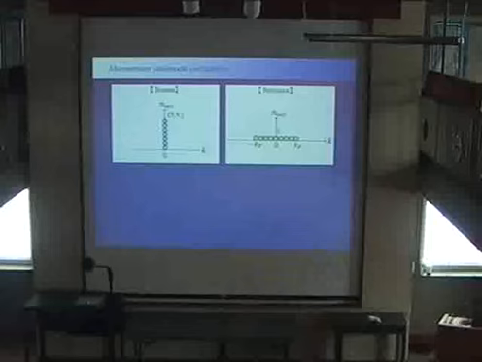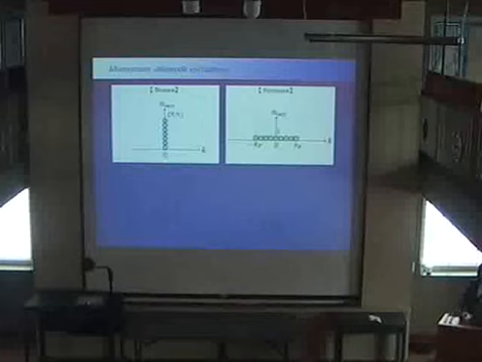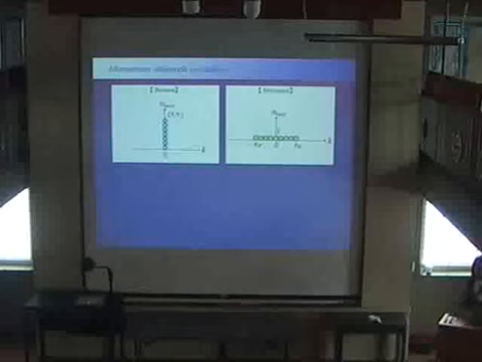Here we compare the underlying picture of the Hamiltonian in Brennecke's work and our work. This is the ground state for cold bosons and cold fermions.